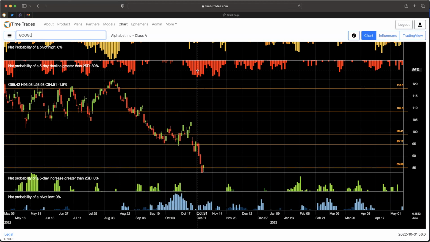Again, ideally, we want to see the peak in the moves down aligned with the peak in the pivot lows. We're not seeing that. But that being said, we're still seeing alignment where the probabilities of the moves down return November 14th to 18th. So this week may not be a red week, but next week is looking like a very high probability red week across the board.